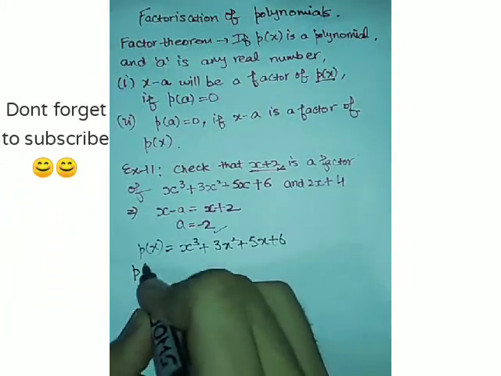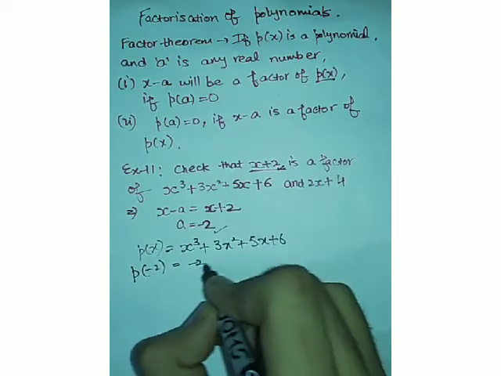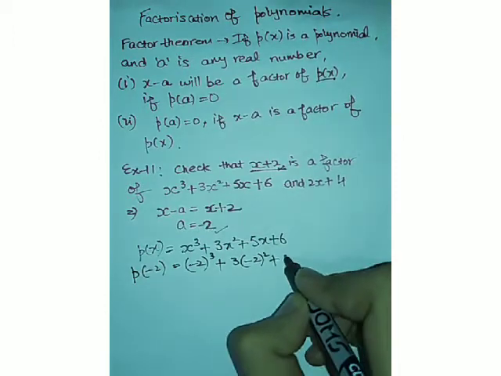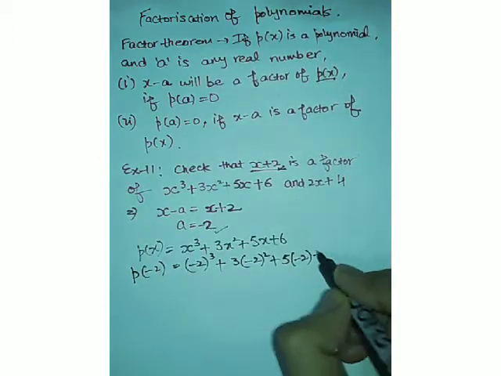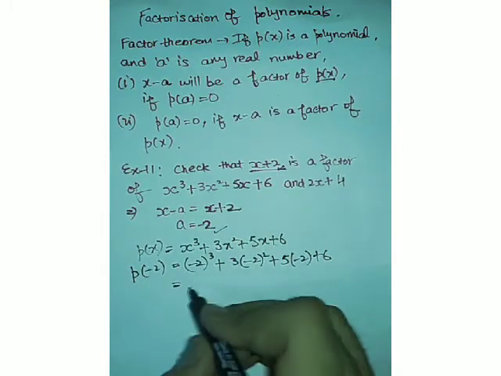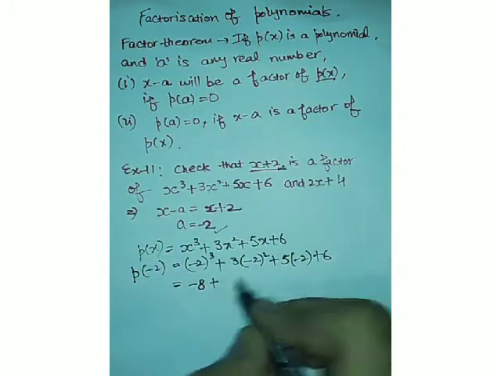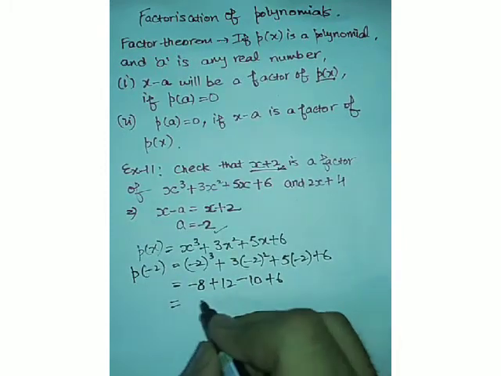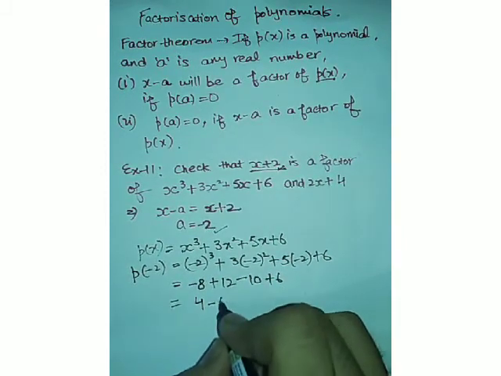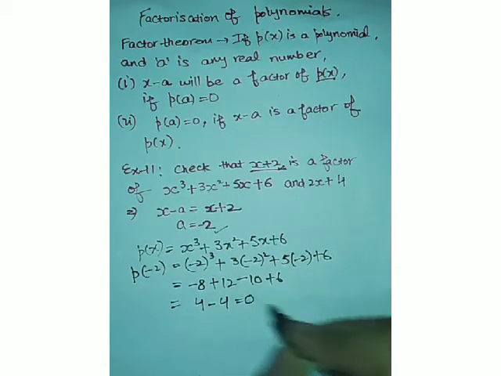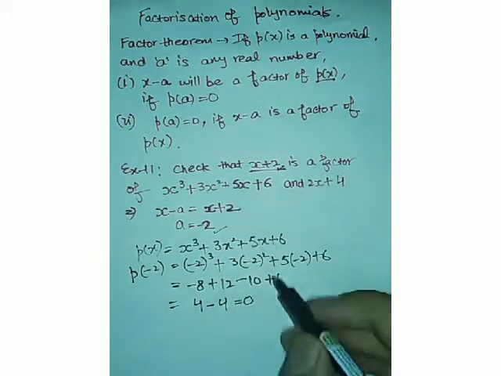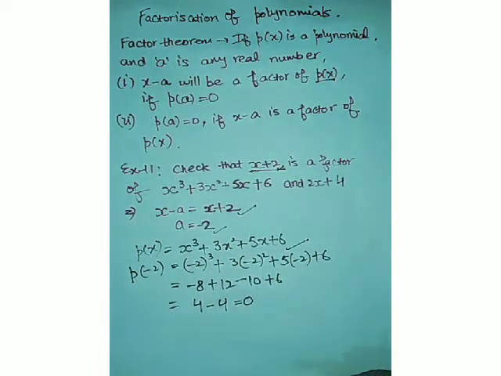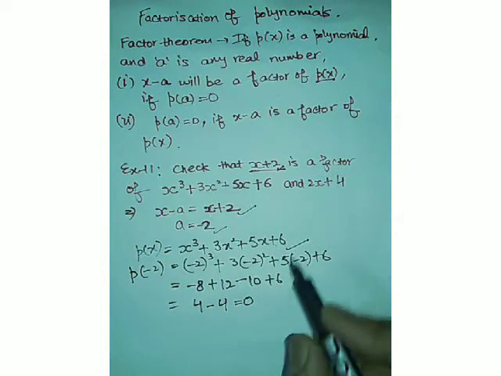Now at a, that is at minus 2, it will become (minus 2) cube plus 3 into (minus 2) square plus 5 into minus 2 plus 6. 2 2s are 4, 2 4s are 8, minus 8, plus 3 4s are 12, minus 10, plus 6. 12 minus 8, that is 4. 6 minus 10, that is minus 4, is equal to 0. It means x minus a, that means x plus 2, is a factor of x cube plus 3x square plus 5x plus 6.